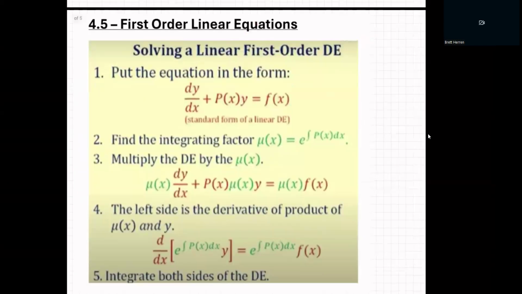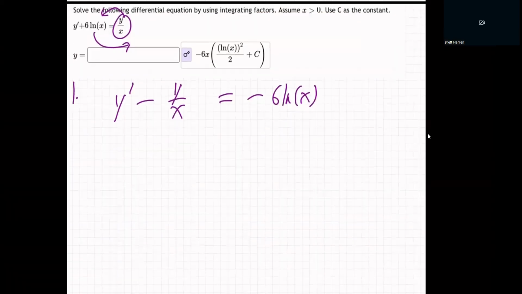Step two, find the integrating factor, mu of x, which is e to the integral of p of x dx, where p of x is whatever is next to the y. So let me rewrite this y over x as 1 over x times y. Same thing, right? That's still just y over x, but now I can see clearly that this is my p of x function.